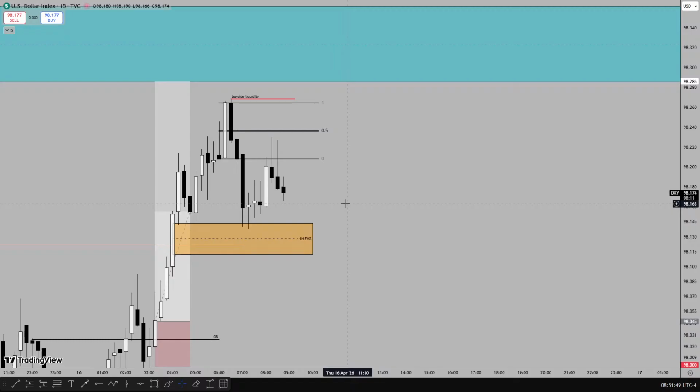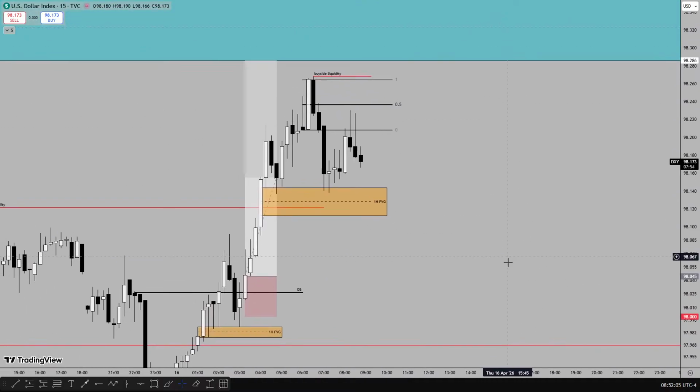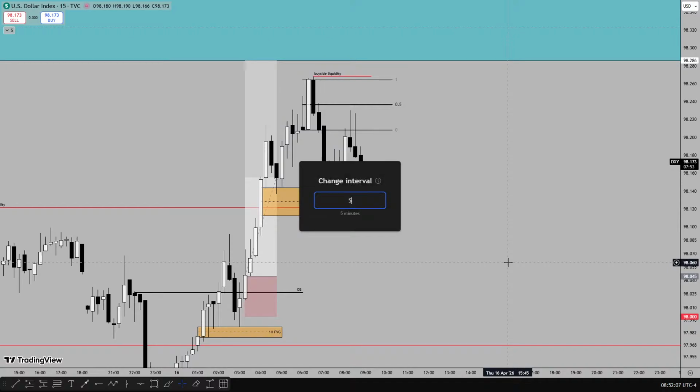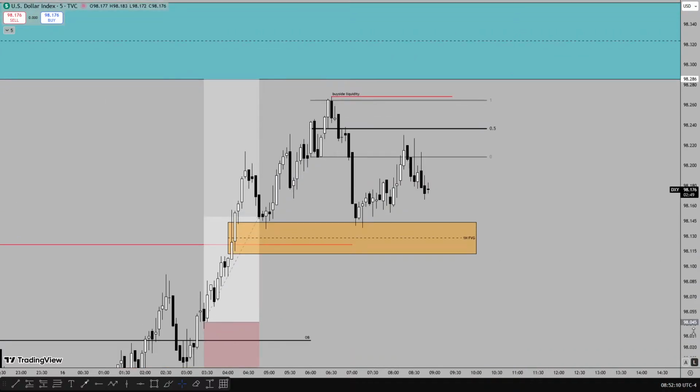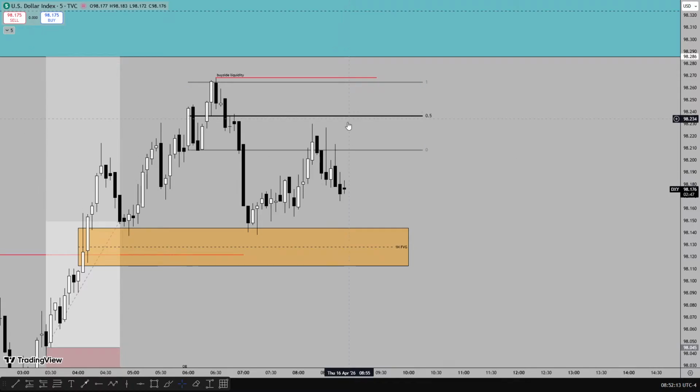On the 1 minute, in looking for your 1 minute entry, it depends on how price is reacting to the order block. Once price trades above the mid range, you can anticipate a continuation to run the buy side liquidity. But on the 5 minutes, if there's a fair value gap in an expansion with price trading higher, you can take advantage of the setup.